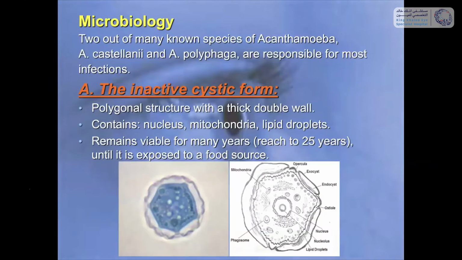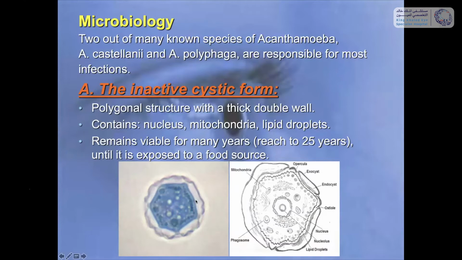Of the many known species of Acanthamoeba, two, Acanthamoeba castellanii and Acanthamoeba polyphaga, are responsible for most of the infections we see. If we go to the structure of the Acanthamoeba, the inactive cystic form, as you can see, is a polygonal structure with a thick double wall.